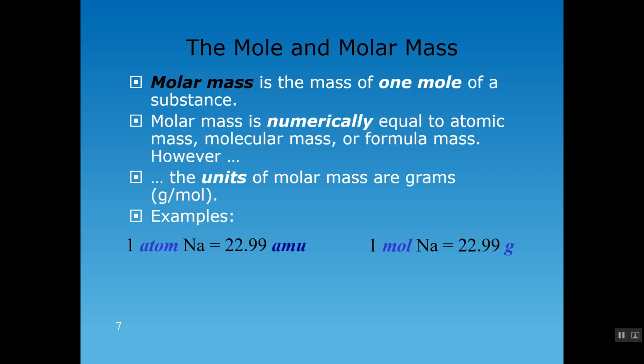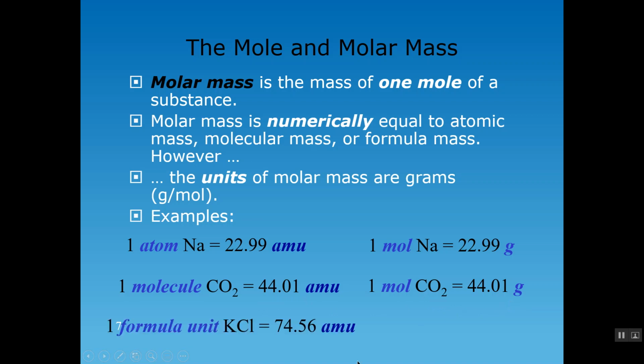Let's take sodium. The atomic mass of sodium is 22.99 AMU, right? That's the atomic mass. But the molar mass of sodium is 22.99 grams per mole, all right? Numerically, they're the same, but the units are different. If you look at the molecule carbon dioxide, the molecular mass is 44.01 AMU, but the molar mass of carbon dioxide is 44.01 grams per mole.